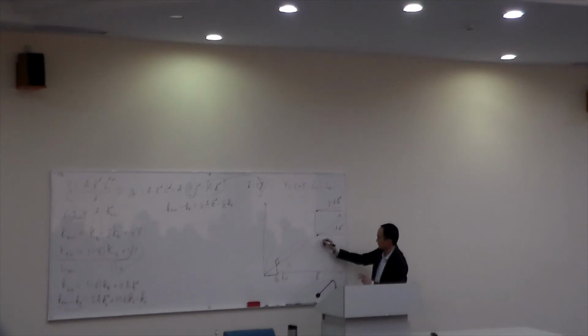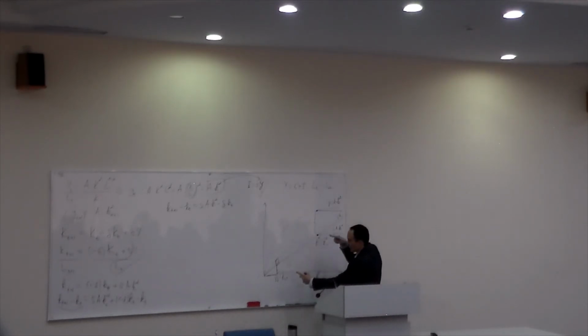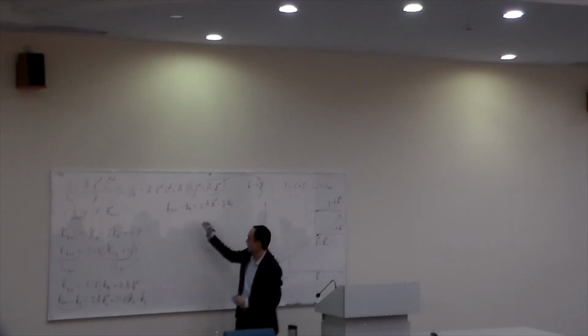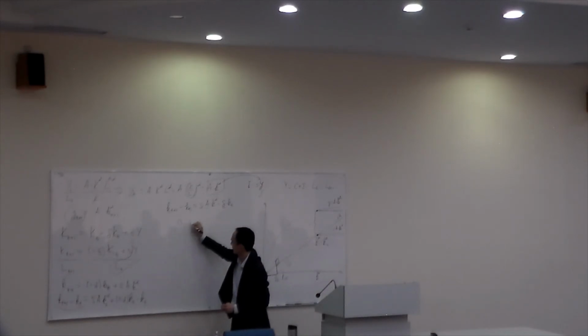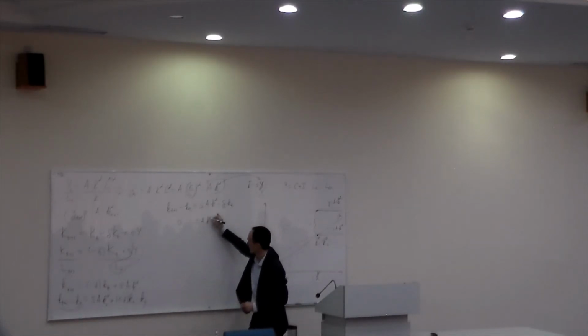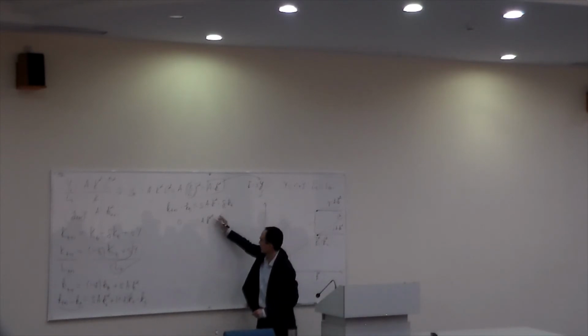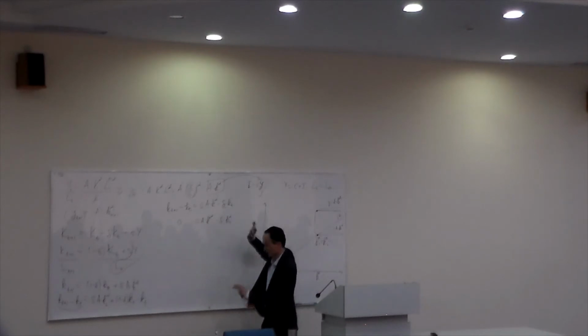This means that K star 1 and K star 2 are always going to be the same. If the economy reaches this point, this difference is going to be 0, if our capital reaches the steady state level.